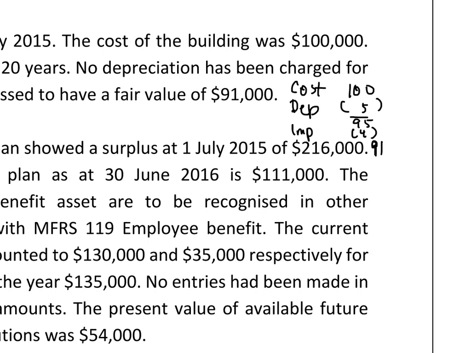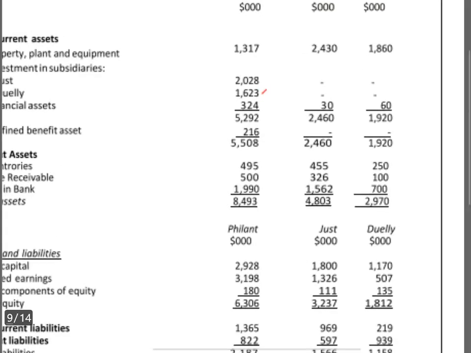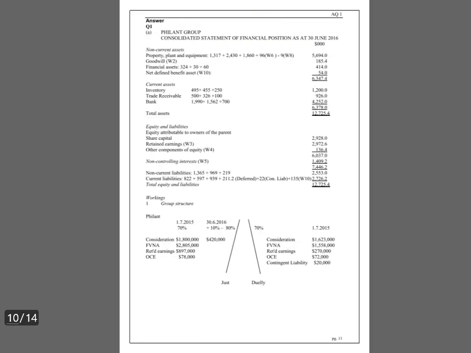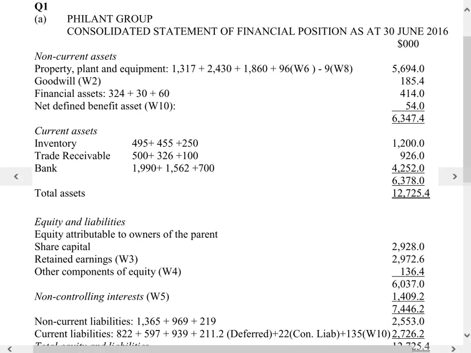Both will be charged to here. So you will look at the consolidation here. You minus the depreciation, you minus the impairment. That's why you minus 9.